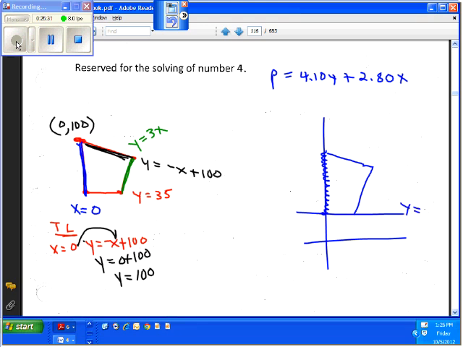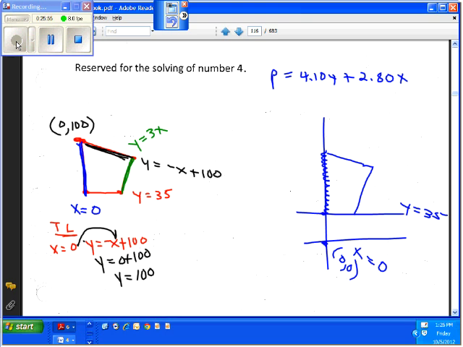And this was that horizontal line, y equal 35. But that left side is actually the y-axis, and x is equal to 0 right here because it's the origin 0, 0. So the equation is x equals 0 because it's a vertical line. So the equation of the y-axis is the vertical line, x equals 0. Okay, everybody good there now?